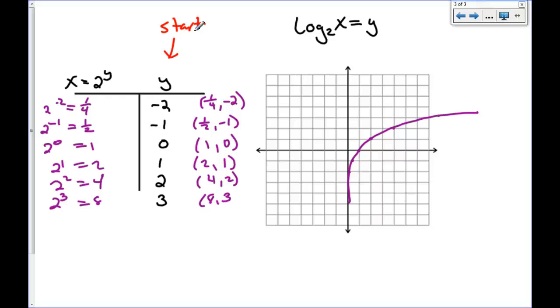So if I put this in exponential form, I get this right here. If I pick these values for y and put them in to find x, I'll have 2 to the -2, so x would be 1/4, and that was my first point.